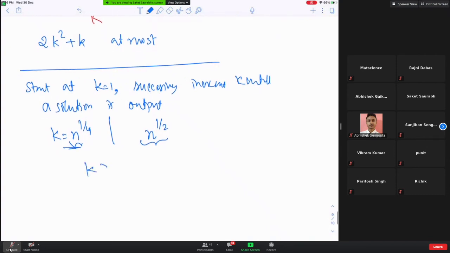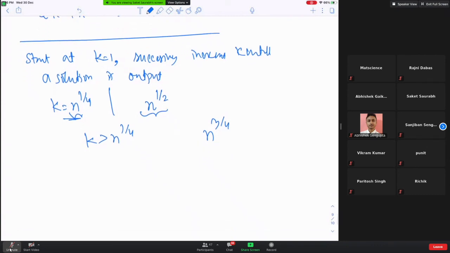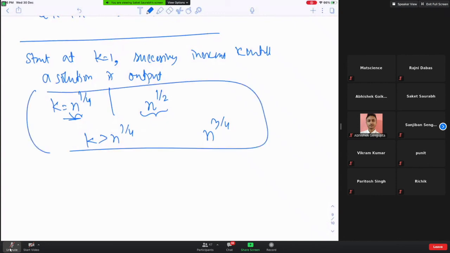Now suppose K becomes more than n to the power 1/4. Then even if I would have output everything else, this would have been an n to the power 3/4 approximation. But don't do this. This is just for you to understand what is happening, and this is a polylog space algorithm.